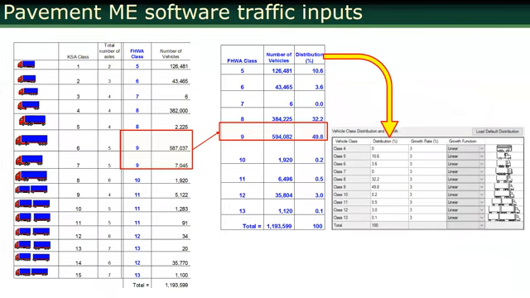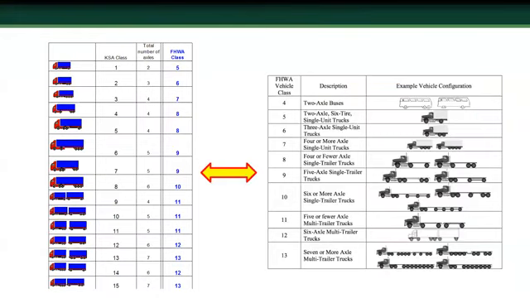This is an example. Why? Because there's a certain definition. If you have 5 axles, single trailer trucks, that is considered class 9. So if I look here, this has 5 axles, 1, 2, 3, 4, 5. This also has 5 axles, 1, 2, 3, 4, 5. They're spaced a little bit differently, but 6 and 7, you have to group them into 9. So we call these two 9.